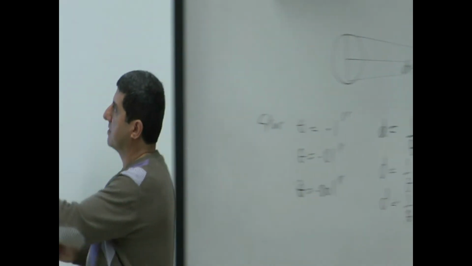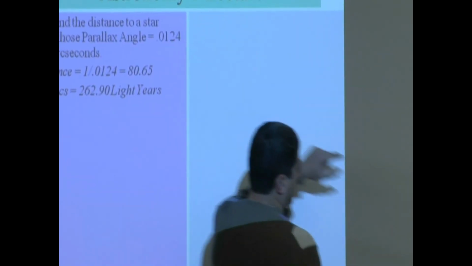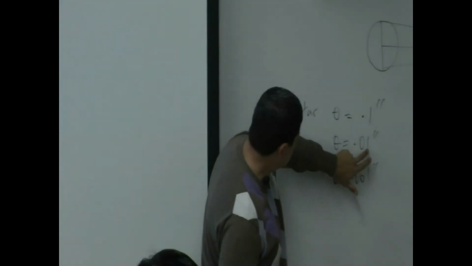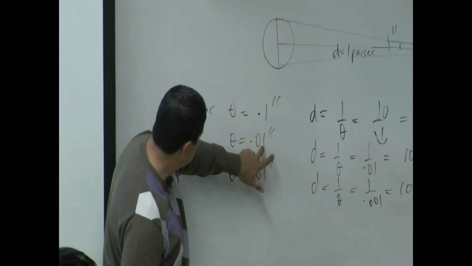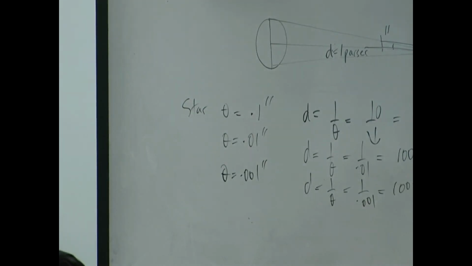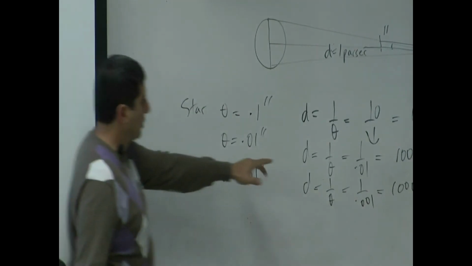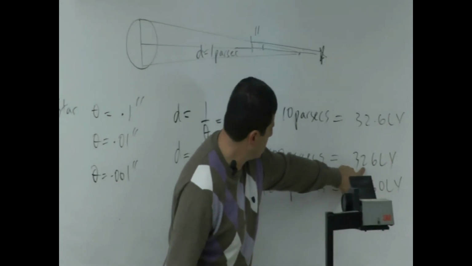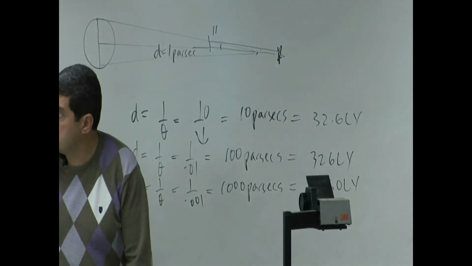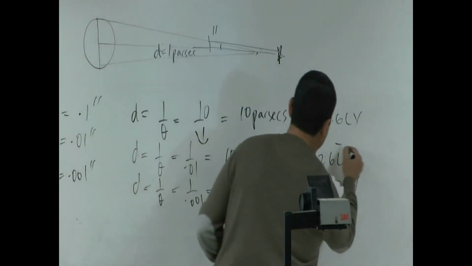Since this number, 0.0124, was a little bit larger than this, it was kind of between this and this, right? Larger than this, smaller than this. So the distance that we got, 262, was smaller than this and larger than that. See? 262 light years fits right here.